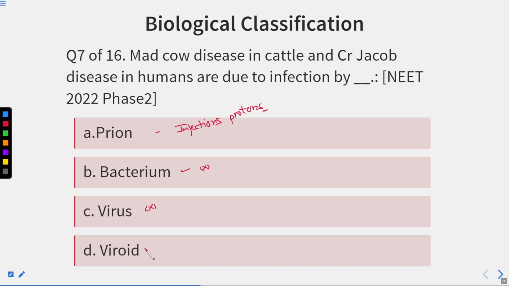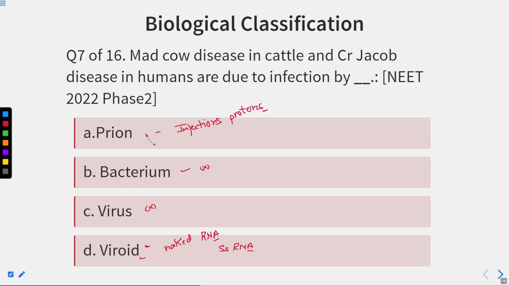Fourth option is viroid. Now what are viroids? They consist of naked RNA. They consist of just single stranded RNA. The protein coat is absent in viroids.